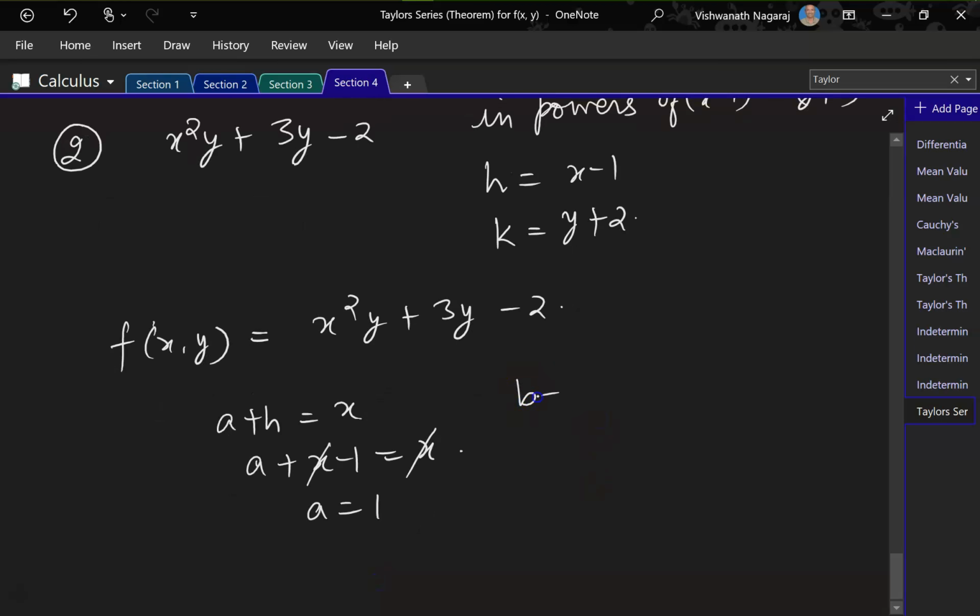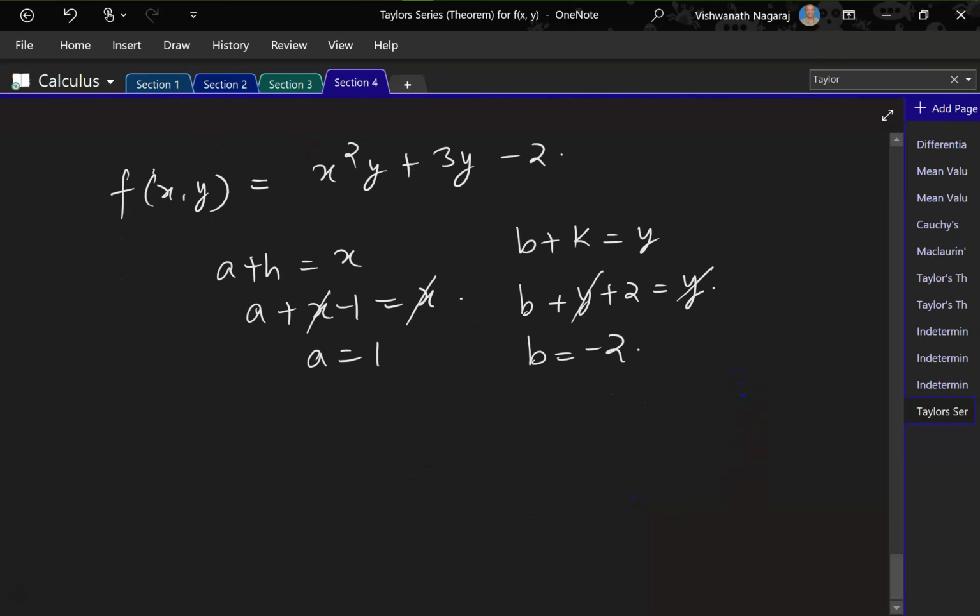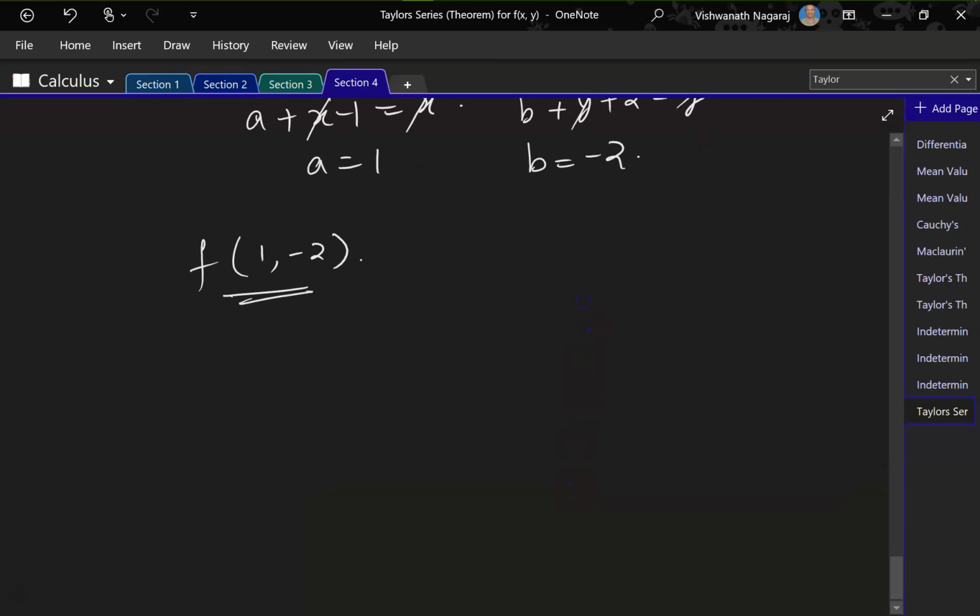Similarly, b plus k is equal to y. k is y plus 2, equal to y. So y gets cancelled and b is equal to minus 2. So that means we are looking at f of 1 comma minus 2. This is what we are looking at. So let's start off. f of x comma y as it is, x square y plus 3y minus 2.